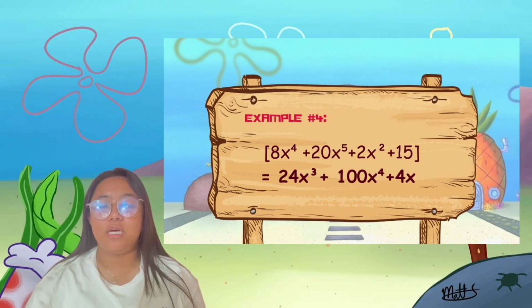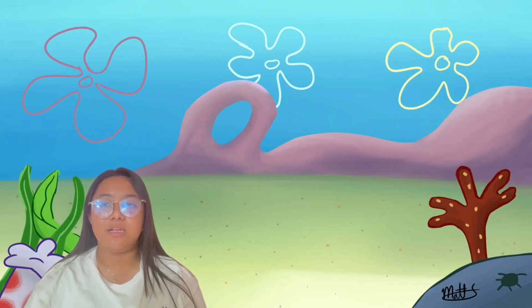You also do that to the other values. Like 20x to the power of 5 will become 100x to the power of 4. And 2x squared becomes 4x. And the last one, 15, will become 0. Therefore, the final answer is 24x cubed plus 100x to the power of 4 plus 4x. This formula also applies to the remaining examples.